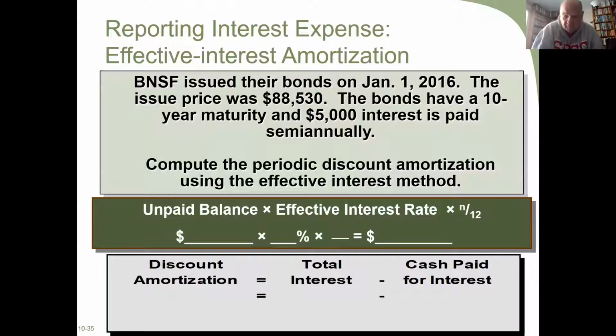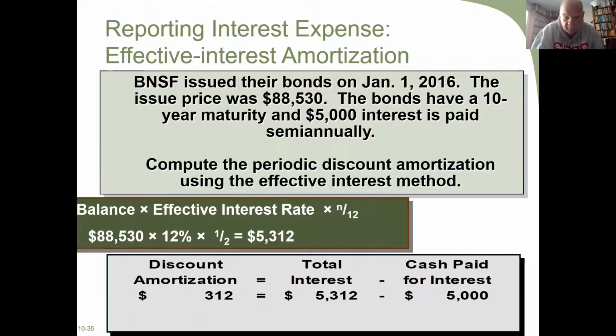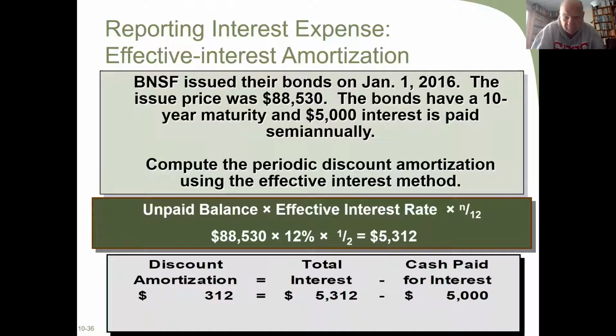Okay. So let's take a look here. We issued this bond for 88,530. We borrowed 100, but we only got 88,530. Our market rate was 10%, I believe, right? 12%. I'm sorry. We were paying the 10.